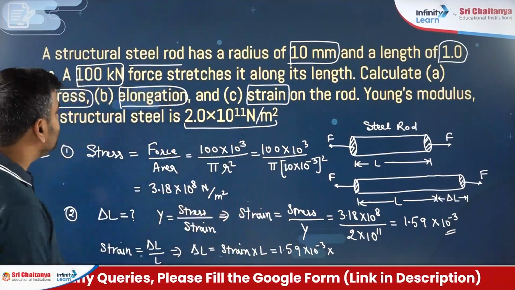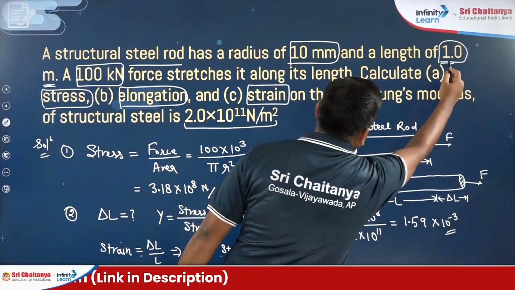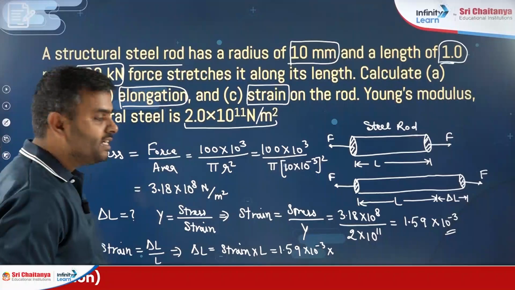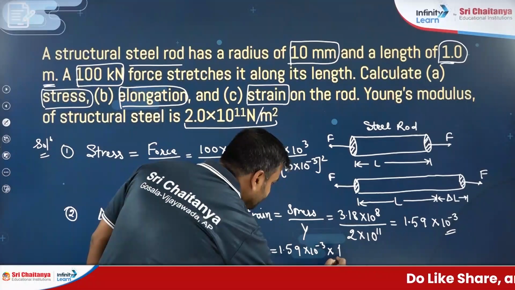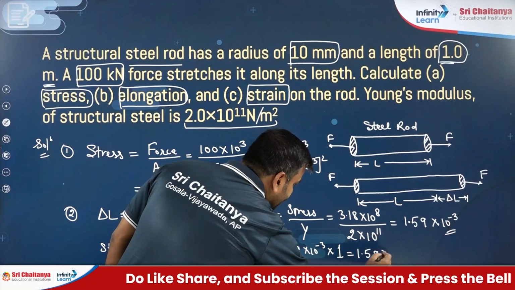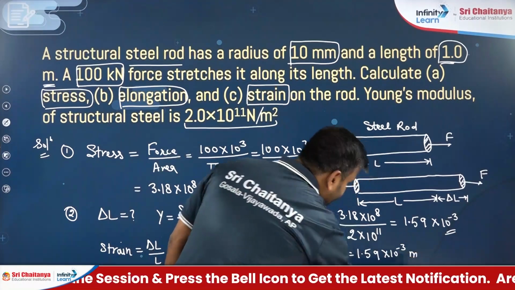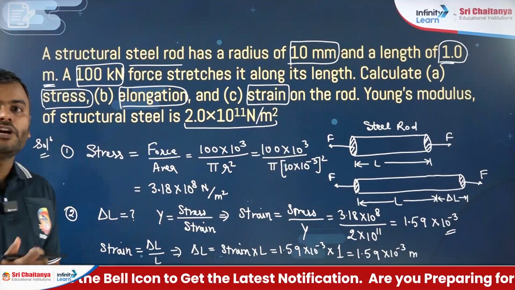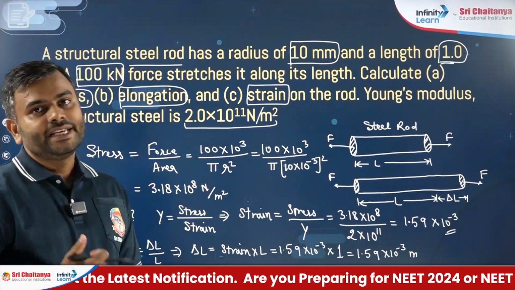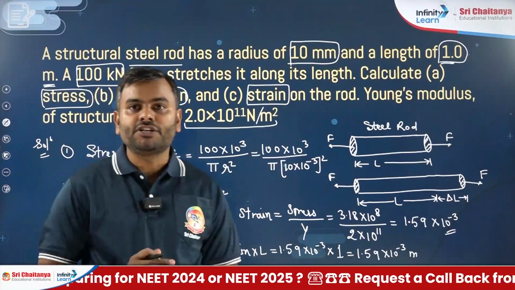The length given in the question is 1 meter. So we write 1 meter, which gives the final answer again 1.59 into 10 to the power minus 3 meter, which can also be written as 1.59 mm. So this is the solution of the first question.